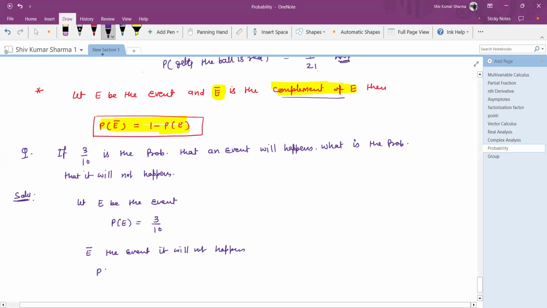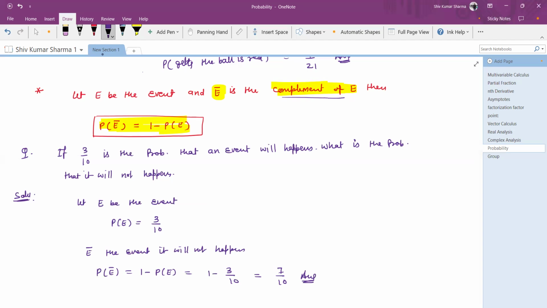So the probability of event E bar is equal to 1 minus the probability of event E. So directly we can write 1 minus 3 by 10 is equal to 7 by 10. 7 by 10 is the probability that the event will not happen.